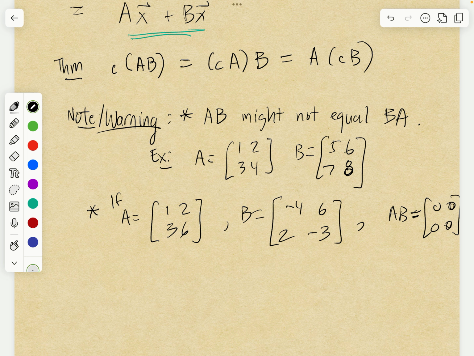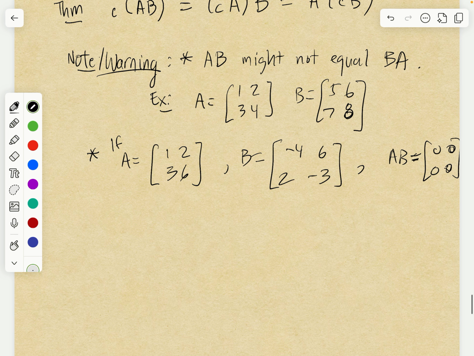That's different than what you might be used to with numbers, right? If you have two real numbers and you multiply them and get 0, one of them has to be 0. But for matrices, you can have two matrices that are not the 0 matrix, but when you multiply them, you do get the 0 matrix.